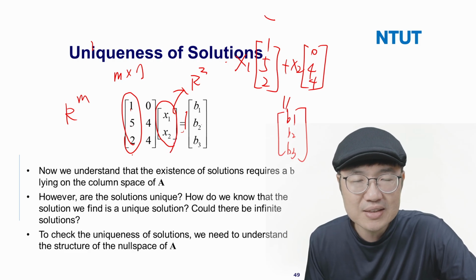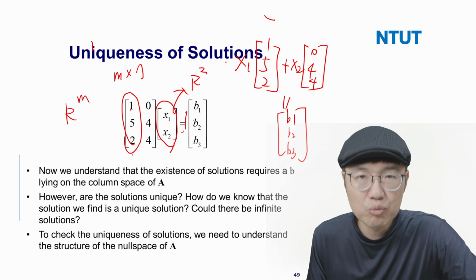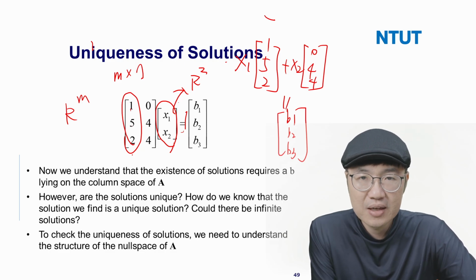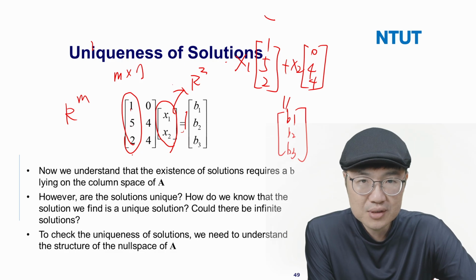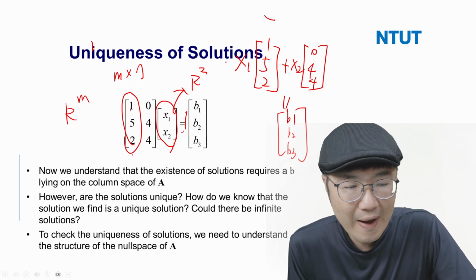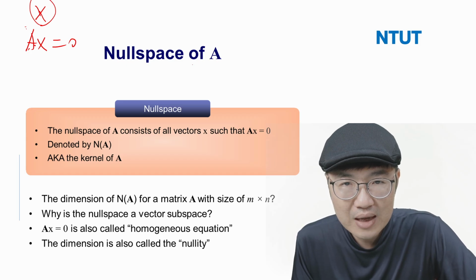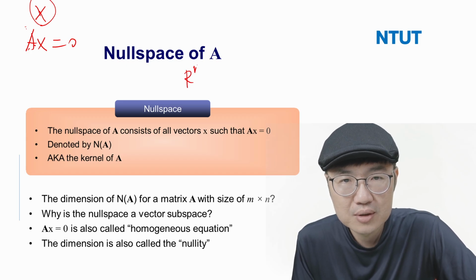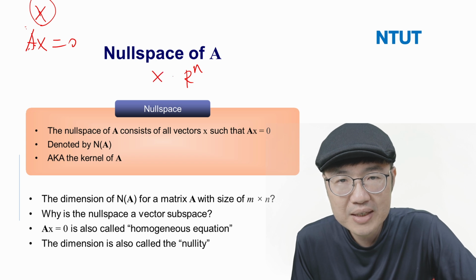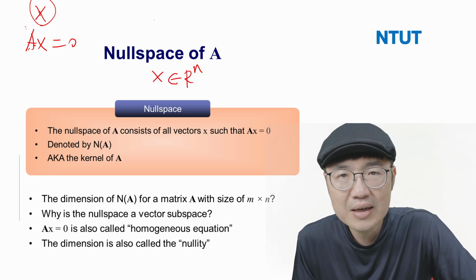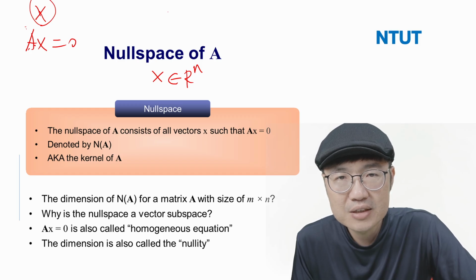It's just the right-hand side is 0. When we define the null space of A, it is the X that makes AX equal 0. So R2 in this case, and Rn in general, the null space X come from Rn, and the column space vector is from Rm.